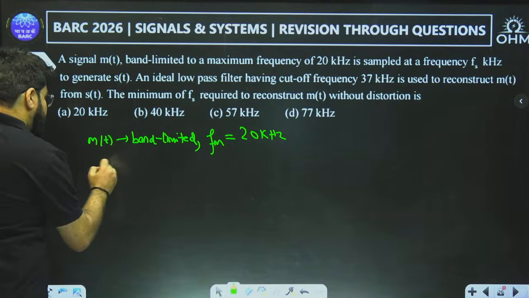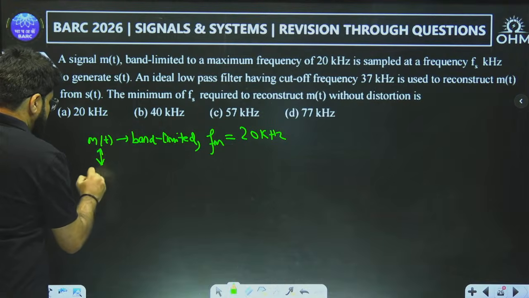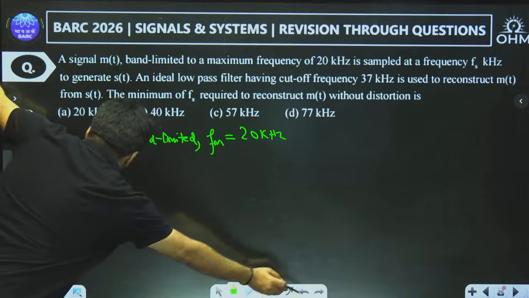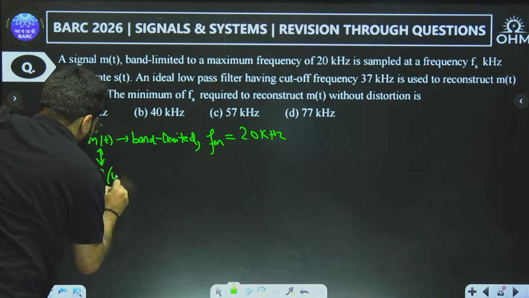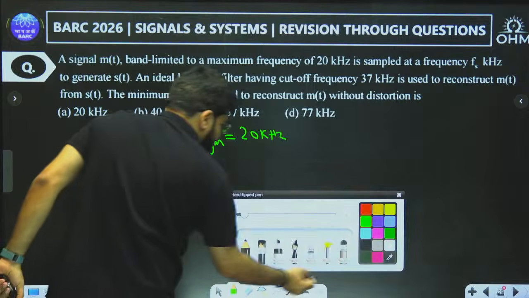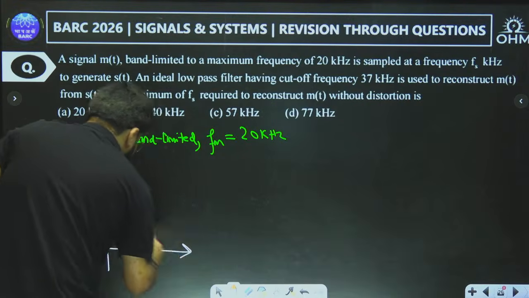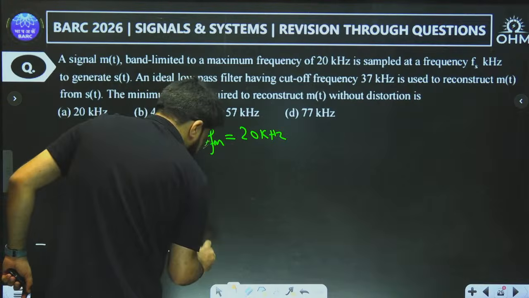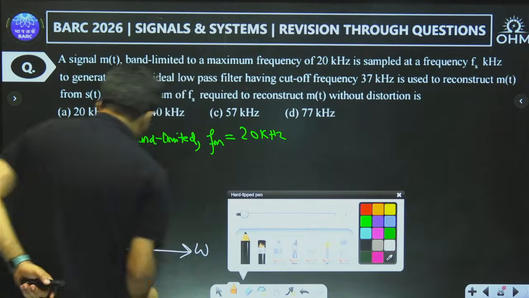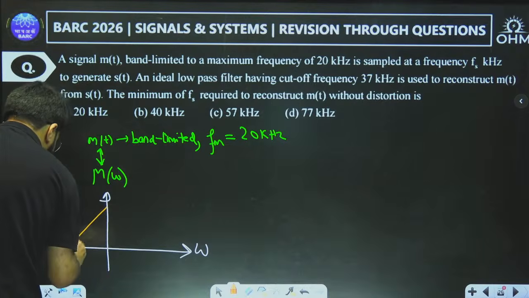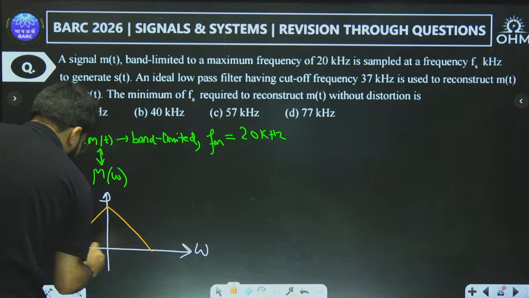Now, if it is band limited, let's say it has some Fourier transform M(omega), for example, with maximum frequency 20 kilohertz. I can assume any type of Fourier transform, let's assume a triangle, rectangle, any simple curve.